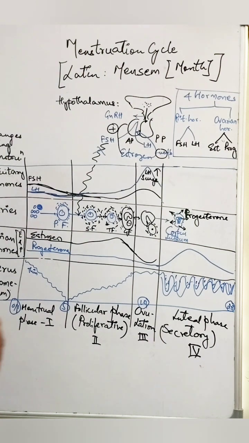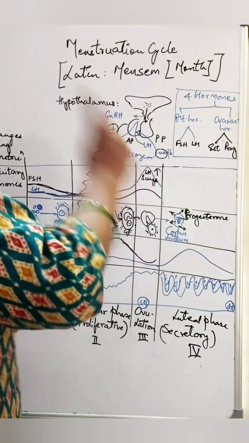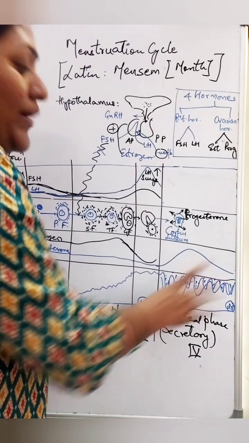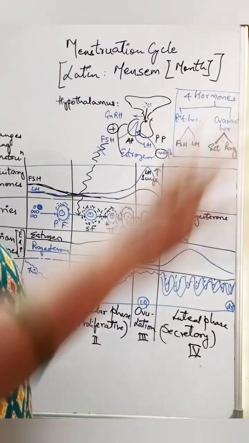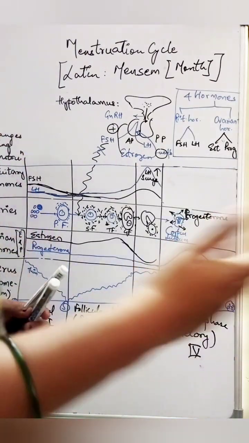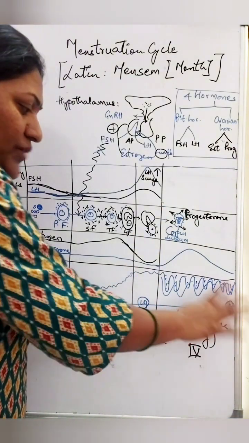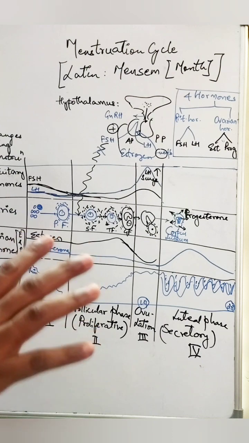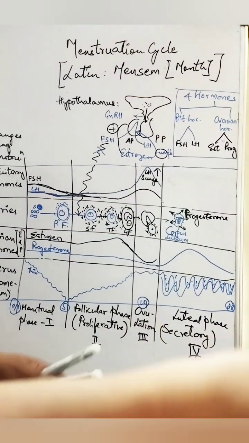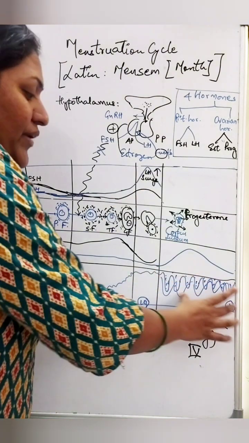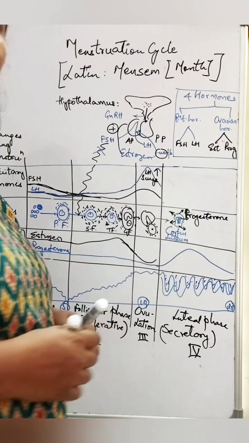If this corpus luteum has a time period of 10 to 12 days, that means 14 plus 12, 26 to 28 days, it varies by just 1 or 2 days, but 10 to 12 days is the lifespan of the corpus luteum.